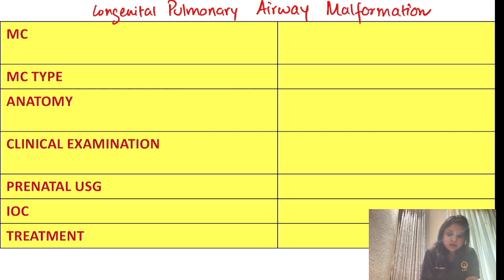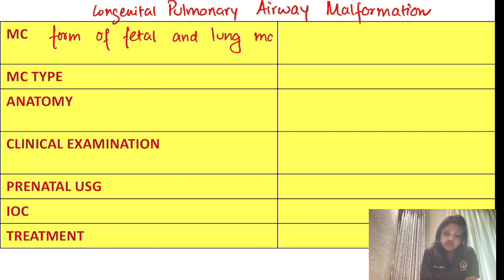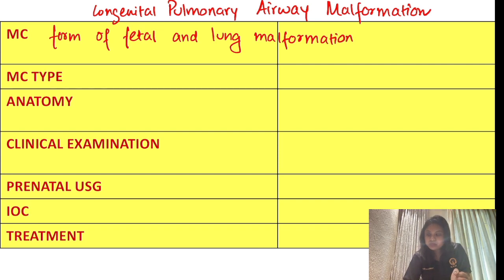It is the most common form of fetal and lung malformation, right? So first of all, we are dealing with a structural lesion which affects the lung.